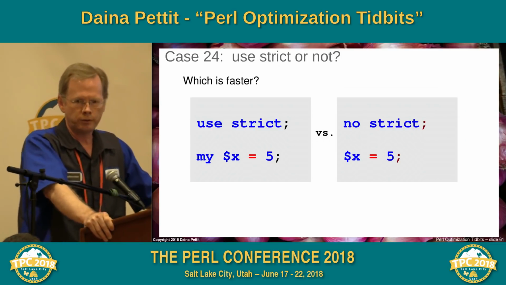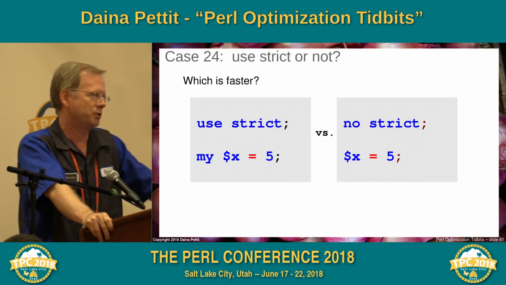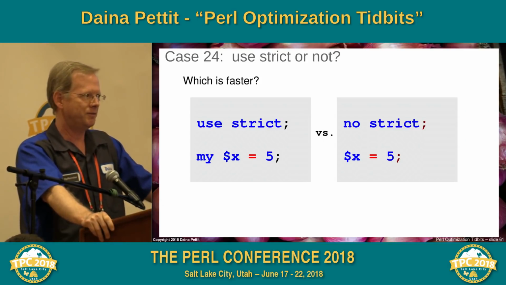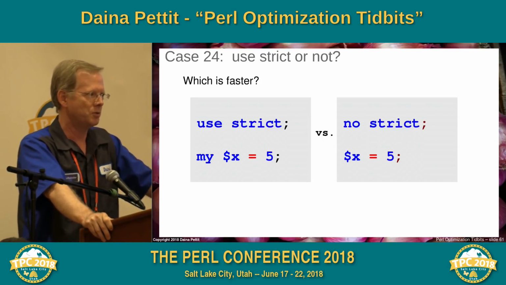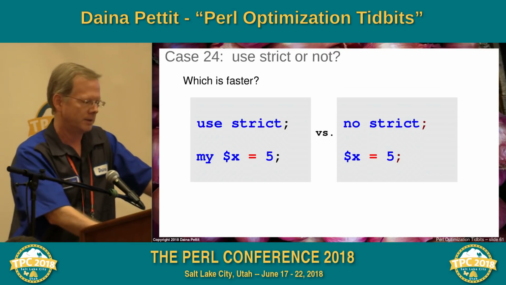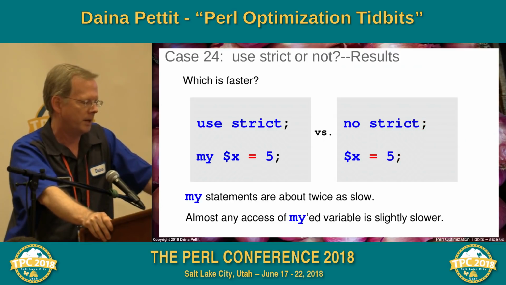So should we use strict or not? Does it matter? Of course, everybody says, oh, you've got to use strict, and you probably do. But if you really don't need to and you need to squeeze the last bit of performance, does it make any difference? Well, it turns out that my statements are slow.